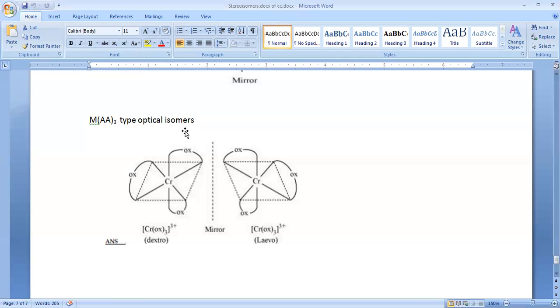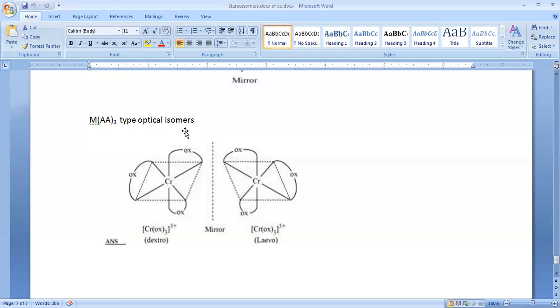Next, stereoisomers have the same molecular formula as well as the same bond connectivity, but they differ in the orientation of groups in space. Again, those are two types on the basis of optical activity and mirror image nature. If non-mirror images, then we can say optical isomers. If they are mirror images, then we can say geometrical isomers.